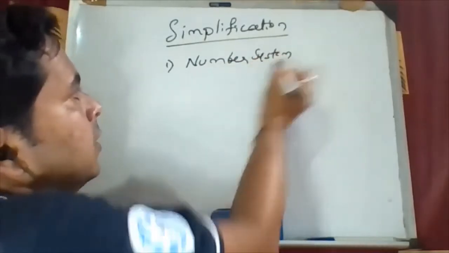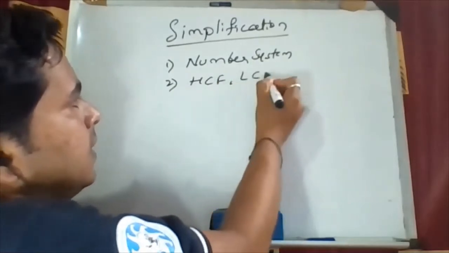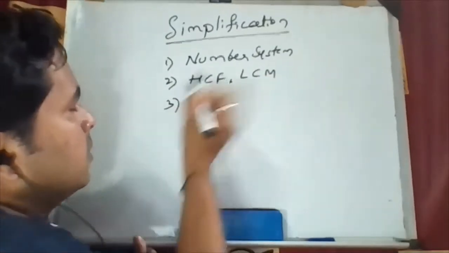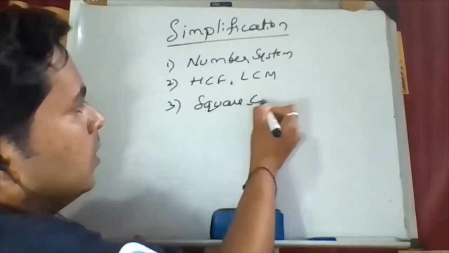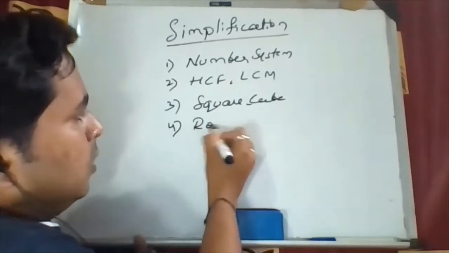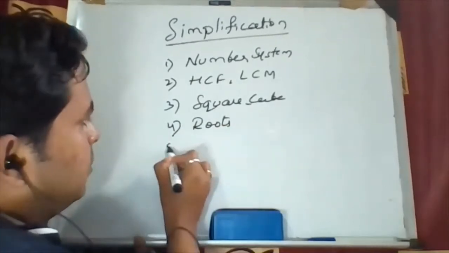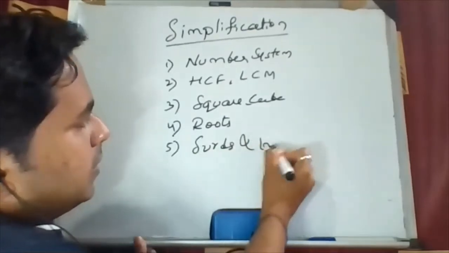Okay, and we have seen the HCF and LCM concept, and we have seen the square and cube values and roots of numbers, and we have seen surds and indices.